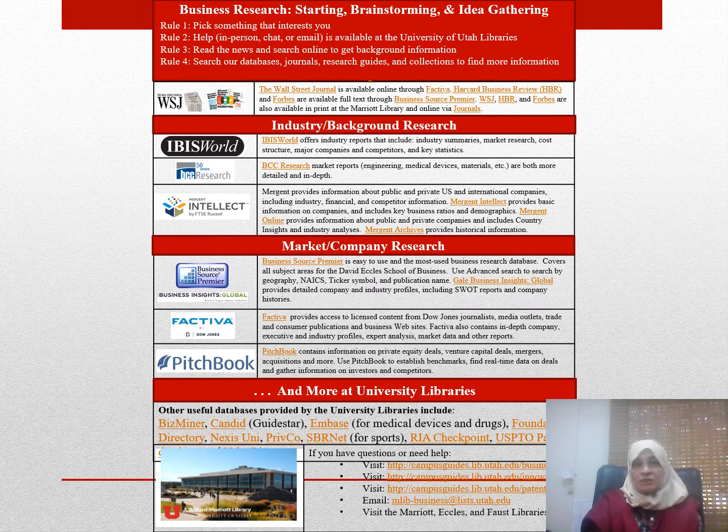It's a consolidated version, and you can directly jump to these databases by following the alphabetical order of the different databases available on the website of Merit Library. Follow these databases to download reports that will help you look at the company portfolios and at market and industrial growth.